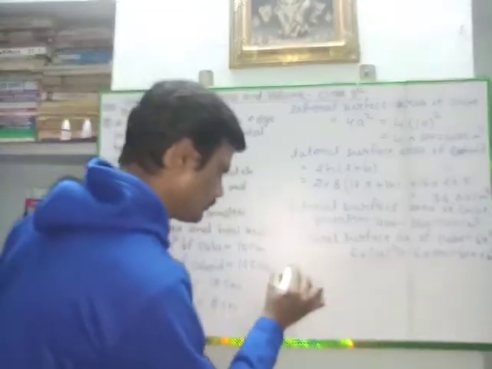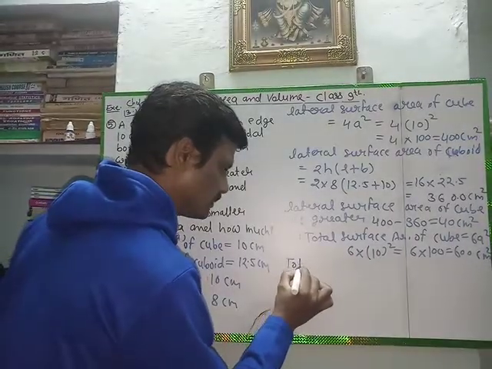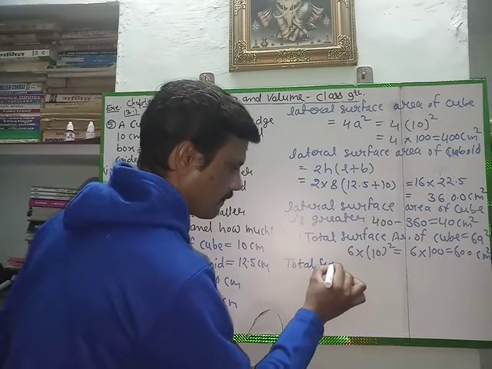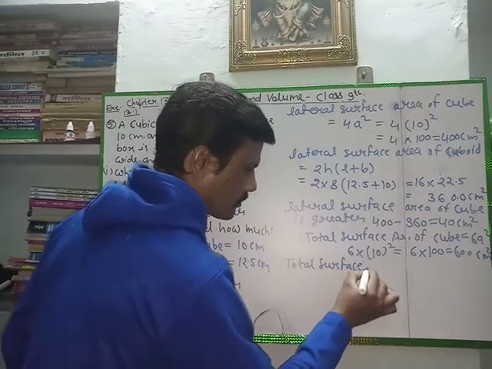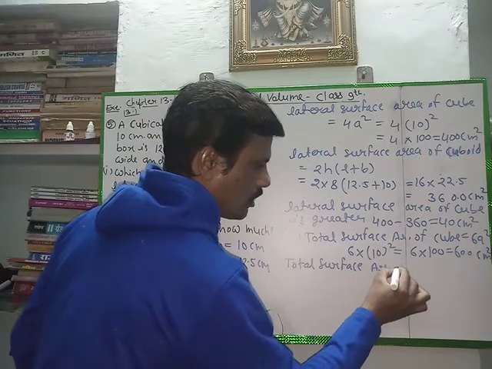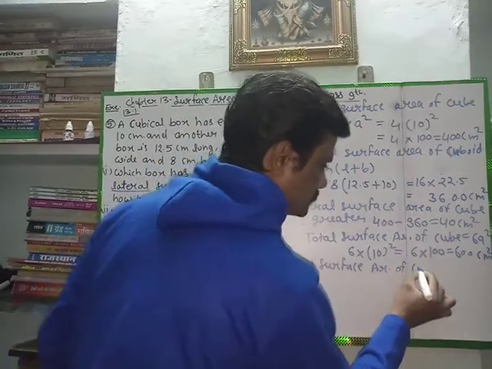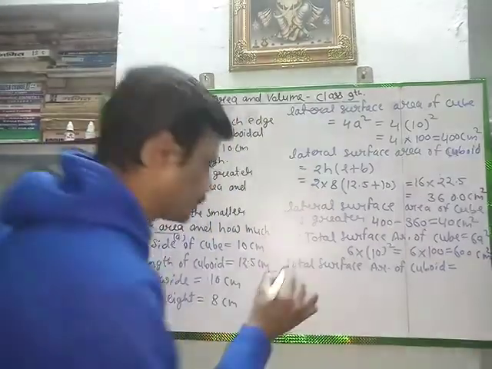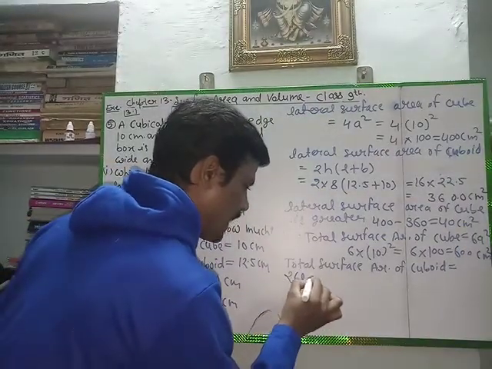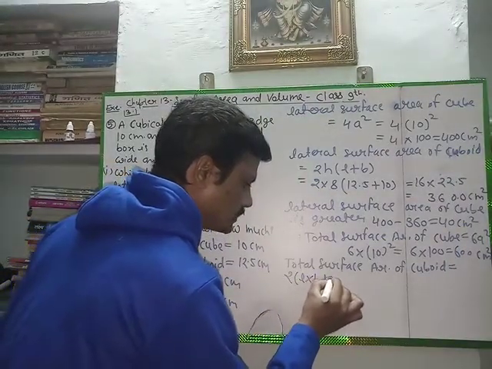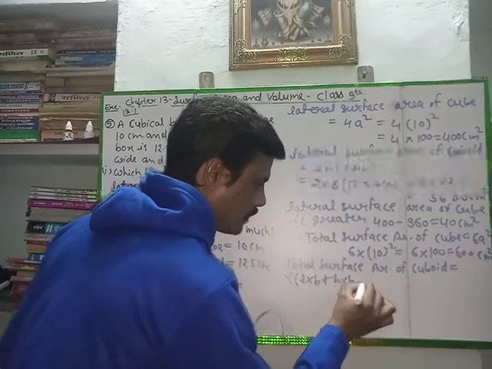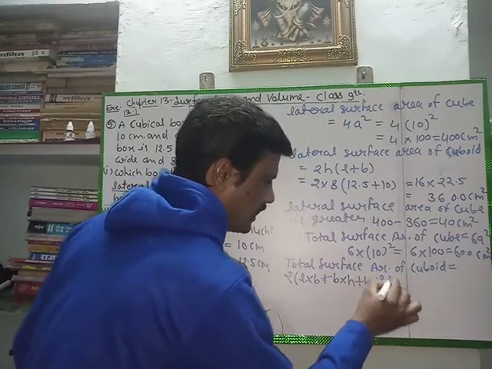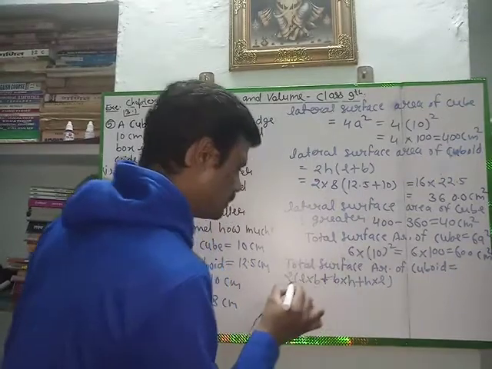Now total surface area of cuboid is equal to 2(lb plus bh plus hl). This is the total surface area of cuboid.